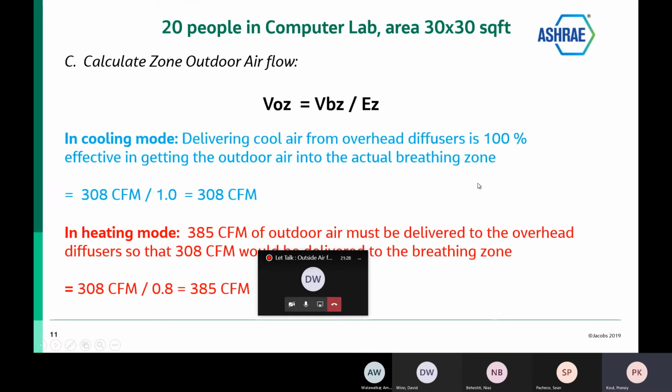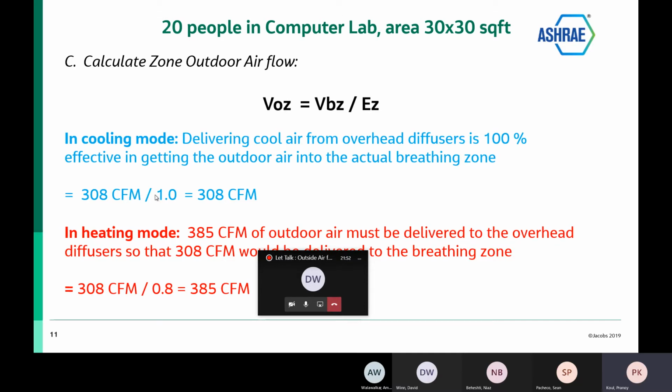Okay. So when you want to calculate the outdoor airflow, which is your Voz, the formula tells us that it is the breathing zone outdoor airflow divided by the effectiveness. And as in our previous slides, we calculated the breathing zone outdoor airflow, which is 308 CFM.